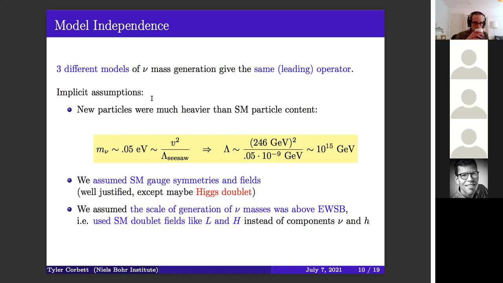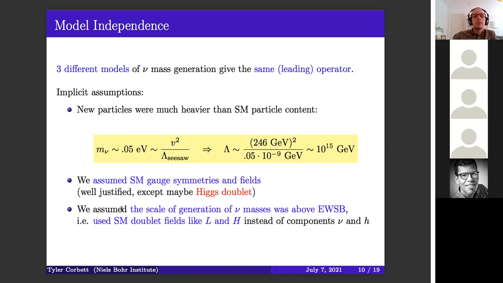And the only really important implicit assumptions here are that the new particles are much heavier than the standard model particle content, or really than the electroweak scale and the mass of the top, which is the electroweak scale. I assume the standard model gauge symmetries and fields, and this is really well justified from precision measurements, except maybe the Higgs doublet can be relaxed, and that's another type of effective field theory, not the standard model effective field theory, but I'm not going to discuss that here because I don't have nearly enough time.